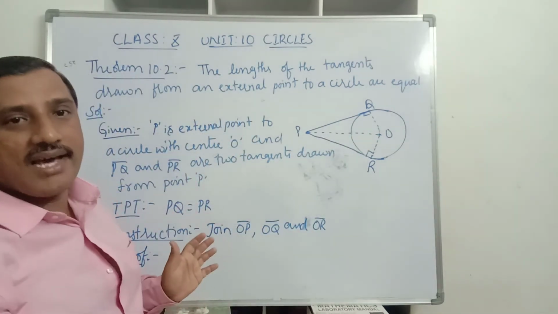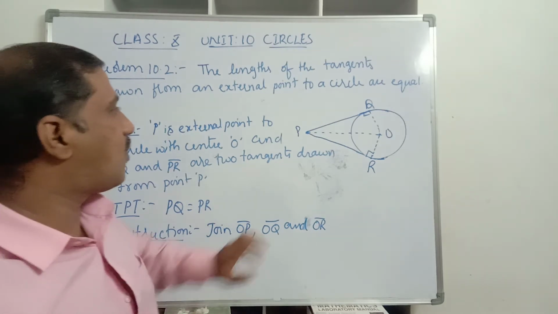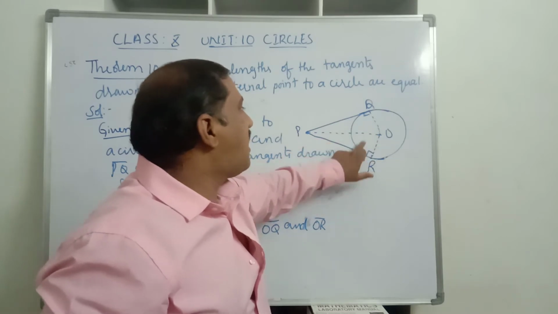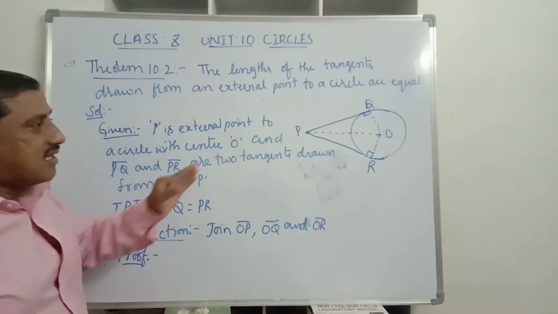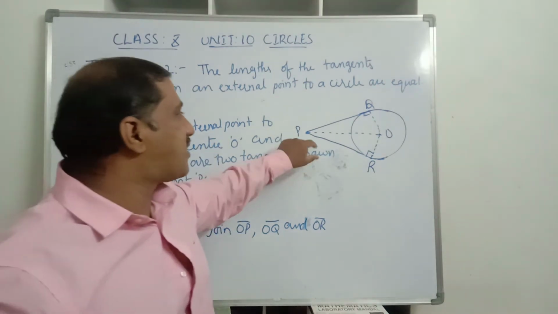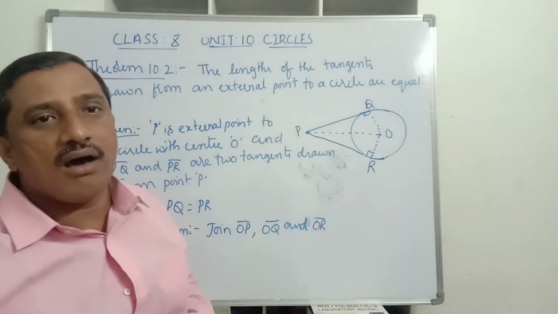Both are equal because they are radii of the circle. Therefore, by RHS, the two triangles are congruent. By CPCT, the corresponding sides PQ and PR are equal.